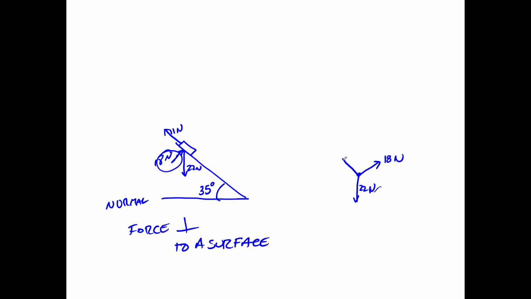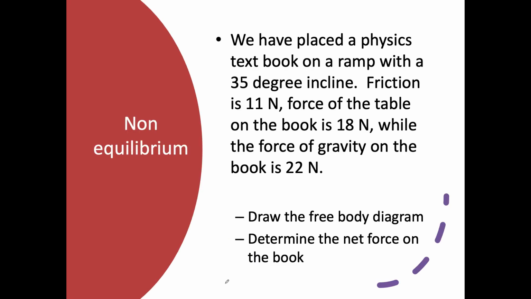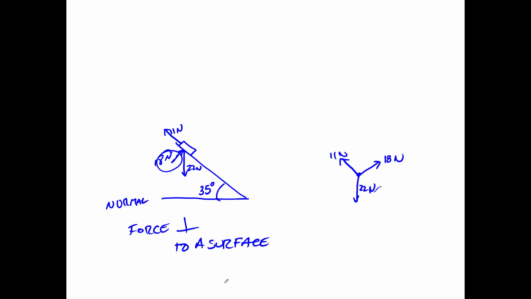And we have 11 newtons of friction going the other way. And what's the question asking us? Oh, the net force on the book. So let's figure out the net force.